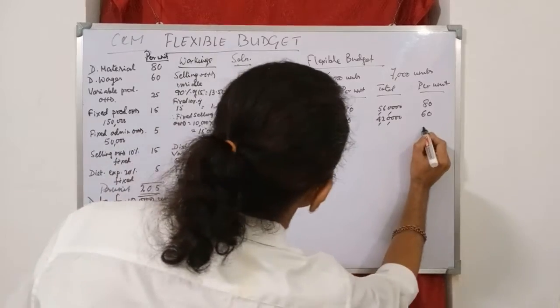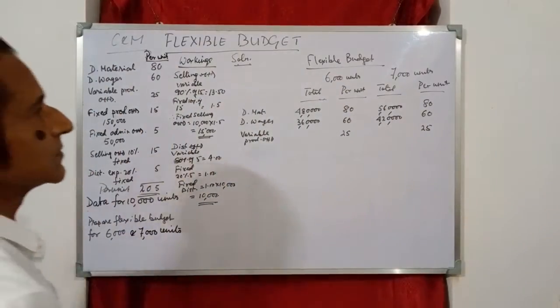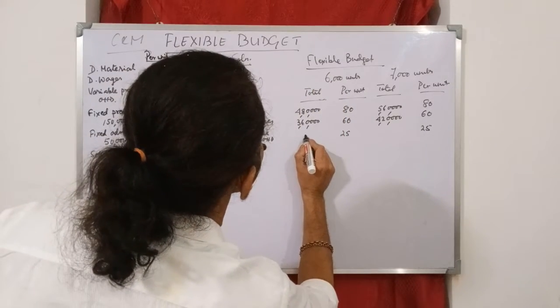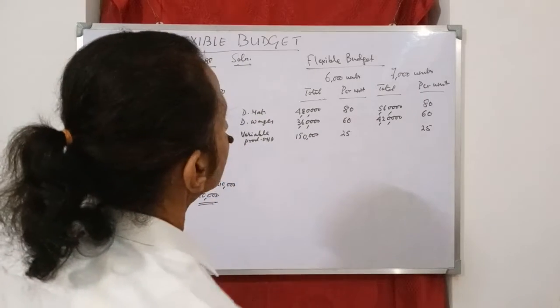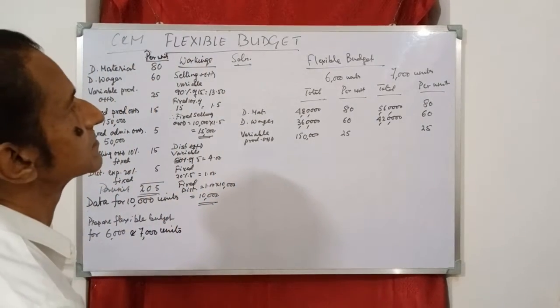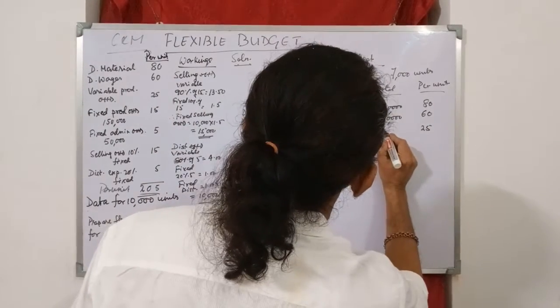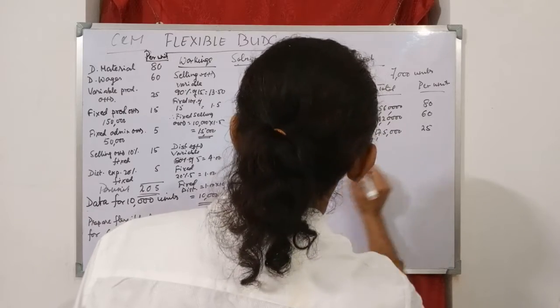So we write 25 in the per unit column. So 25 into 6,000, 1,50,000. 25 into 7,000, 175,000.